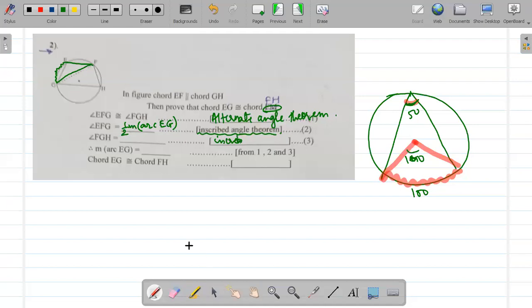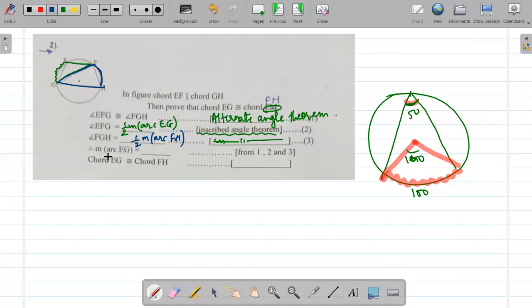Okay, I'll just put this symbol here, but you need to write it out here. Okay, inscribed angle theorem. What about angle FGH? So if you look at this angle FGH, it is half of the arc FH. So it's half of measure arc FH.